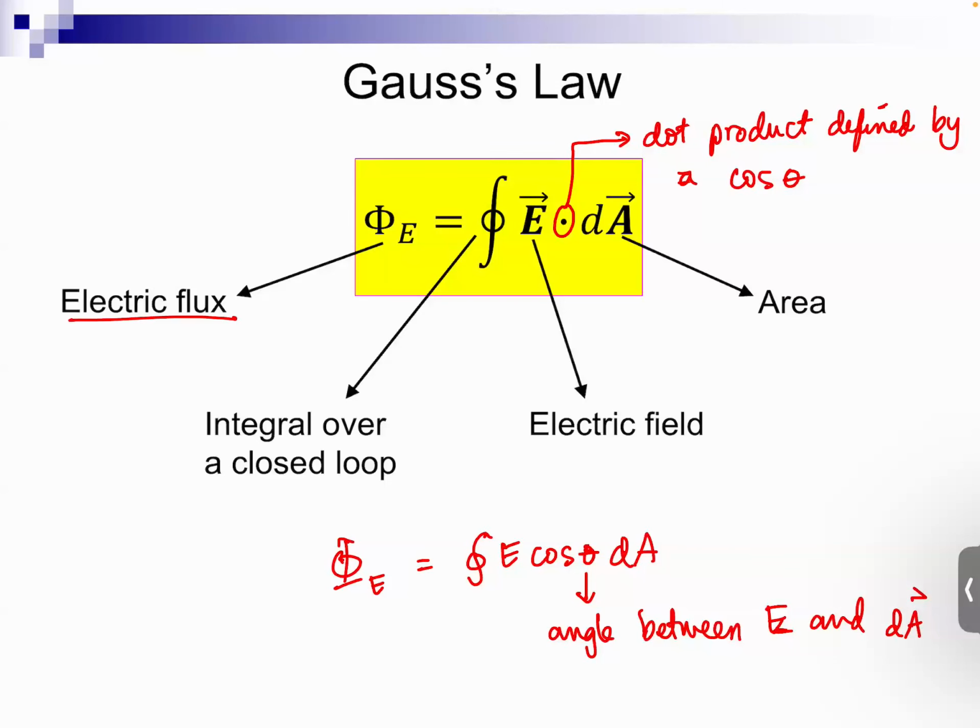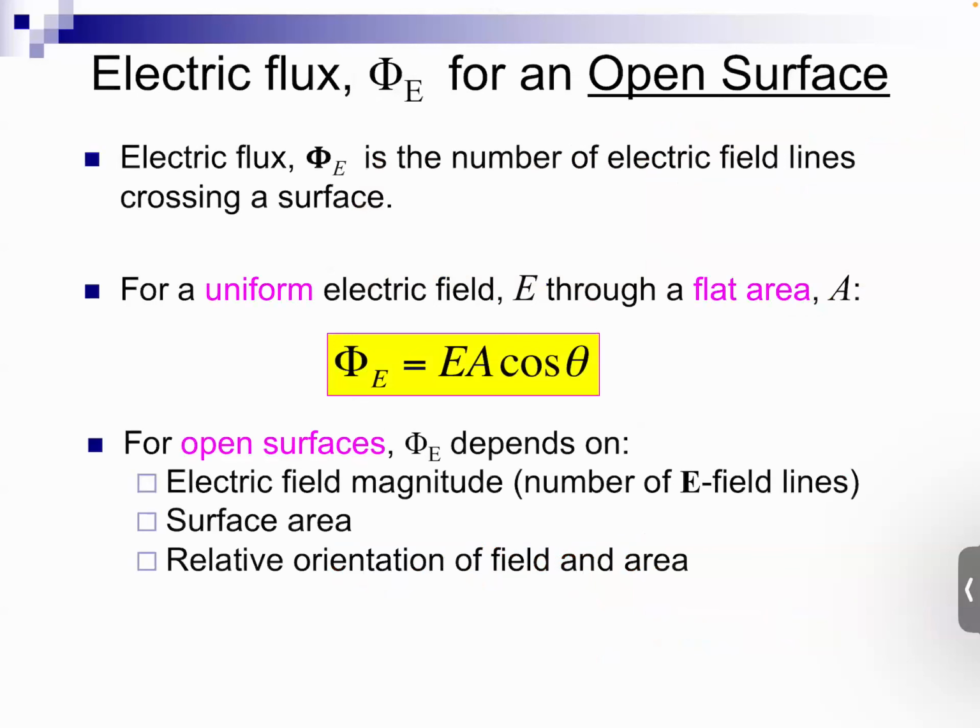This is a new term that we encounter. The electric flux is defined as the number of electric field lines crossing a surface. It's simply adding how many field lines are crossing a surface that gives you the electric flux.